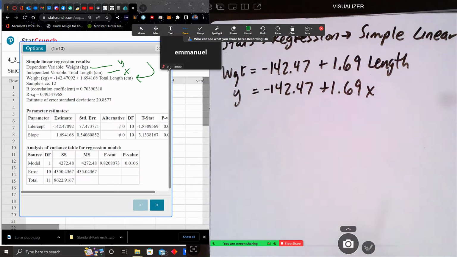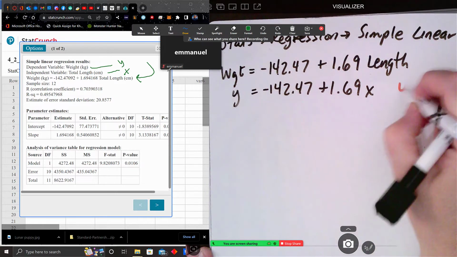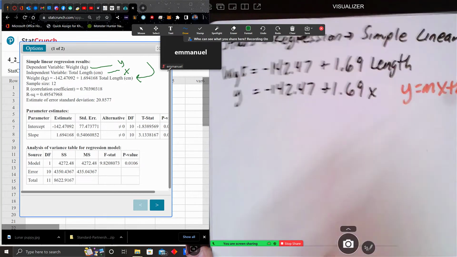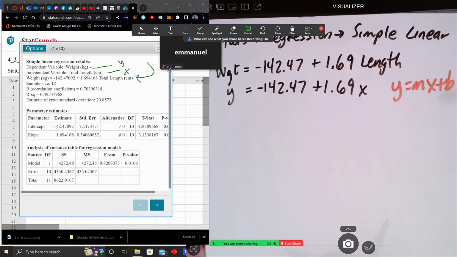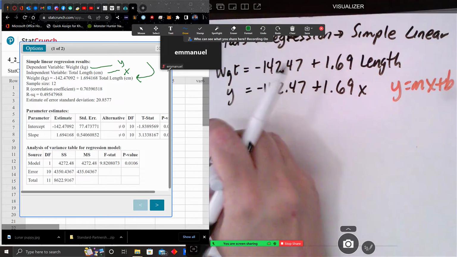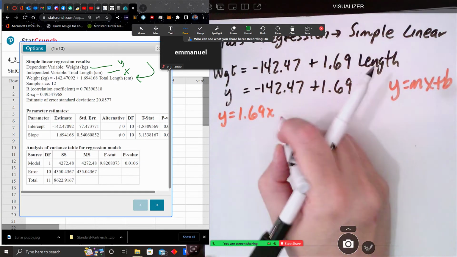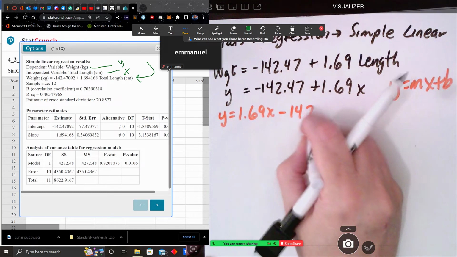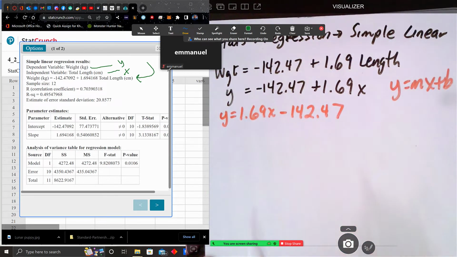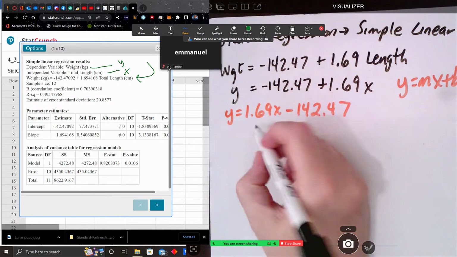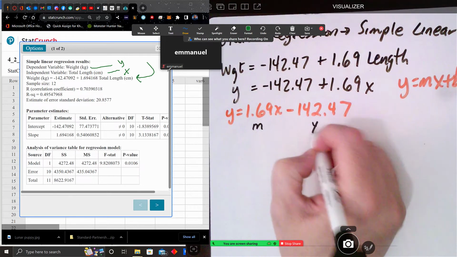And if we wanted to write it like that, Y equals mx plus b, oh yes, there must have been a reason why Mr. Jones was going over that earlier. My slope and my Y-intercept.